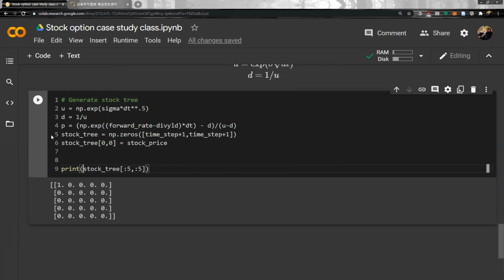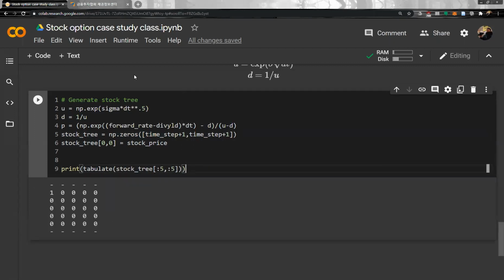So 1, 0, 0, 0. Because I filled everything with 0 and the very first one is 1, the current stock price, it is no wonder. Let me tabulate this one. This is going up, this is going down. So let's first fill the diagonal term, which is going down.